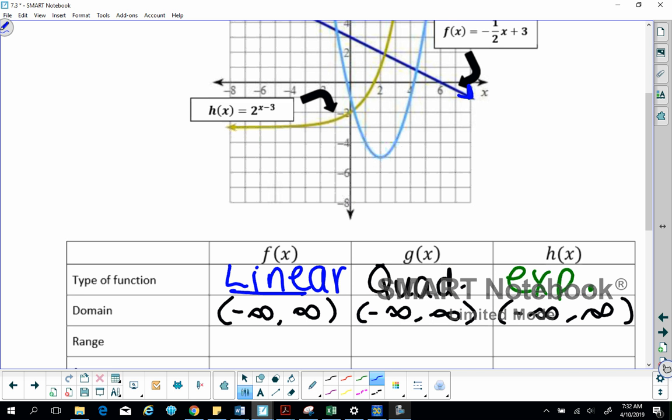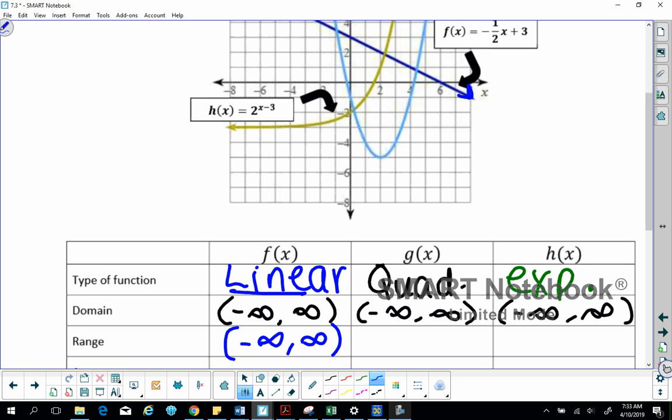Tristan, what do you think it would be? Keandra, what about you? Yeah, negative infinity to positive infinity. The linear one is the same because it's just going up and down in both directions.